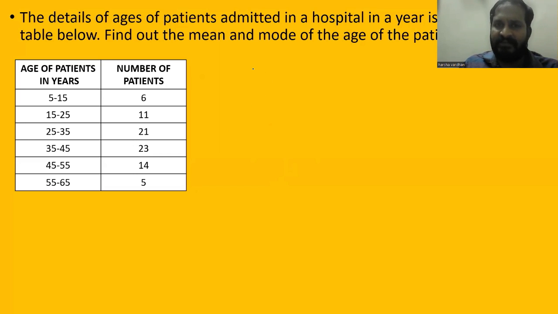The first thing we will do is take the given data. Anyway, we cannot write it here, but we know the formula for the mean. What is the formula for the mean?